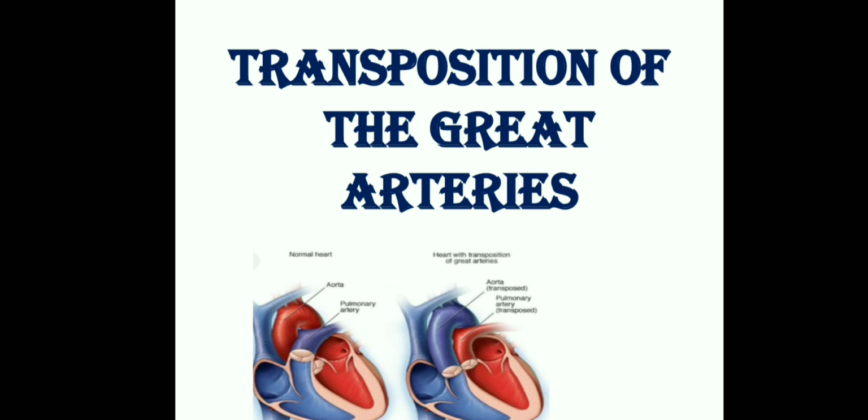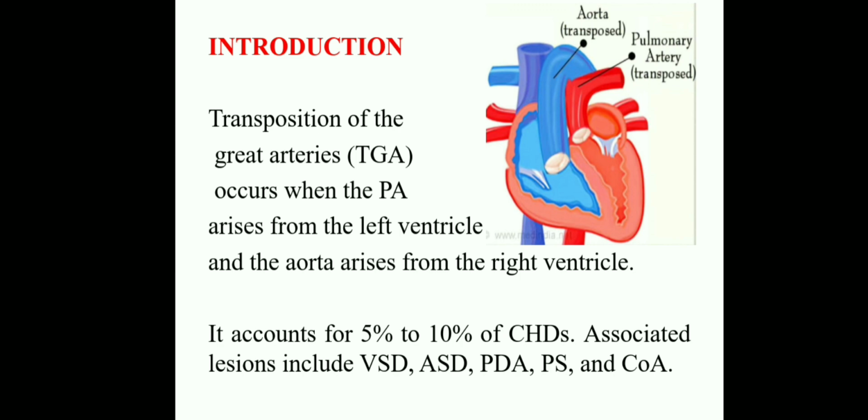Now we will move on to the introduction. Transposition of great arteries, TGA, occurs when the pulmonary artery arises from the left ventricle and the aorta arises from the right ventricle.